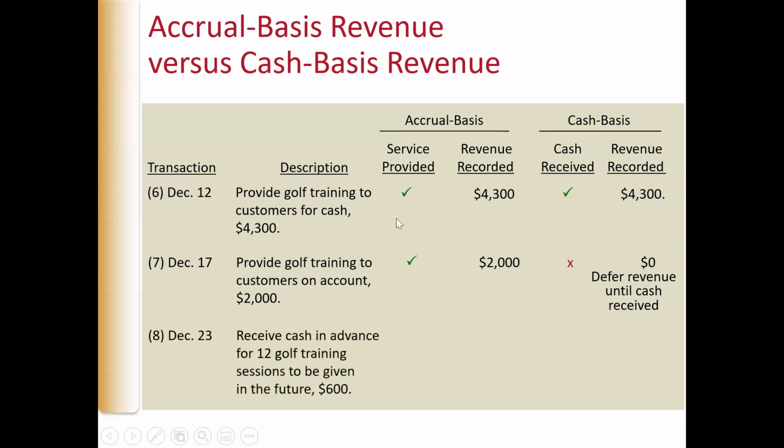December 23rd, we received cash in advance for 12 golf training sessions to be given in the future for $600. Why aren't we recording this transaction under accrual basis? Why?